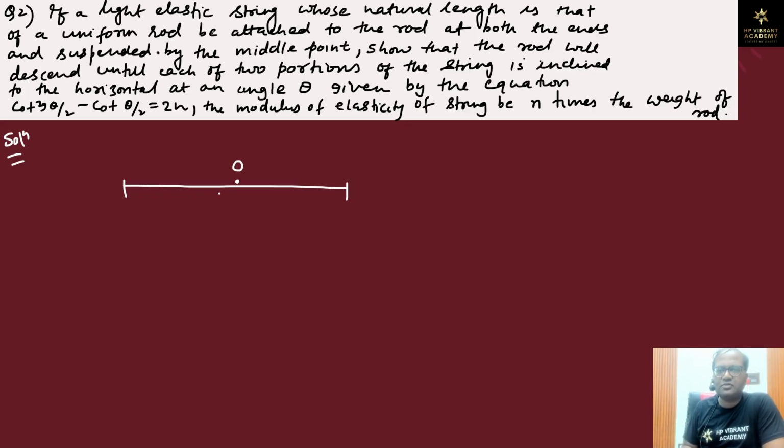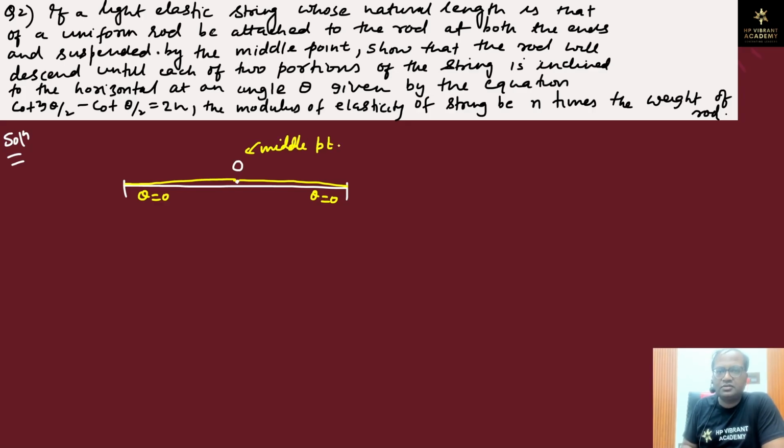So this is our middle point. Here theta is equal to 0. There is no inclination of the string with the horizontal. So this is suspended like this at both the ends and suspended by the middle point.